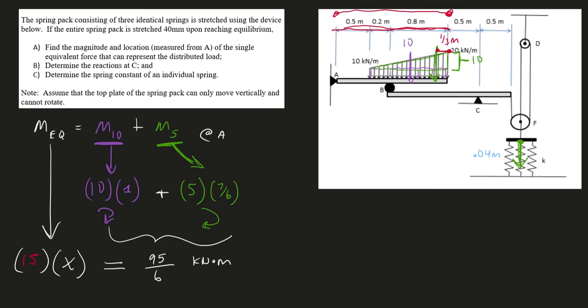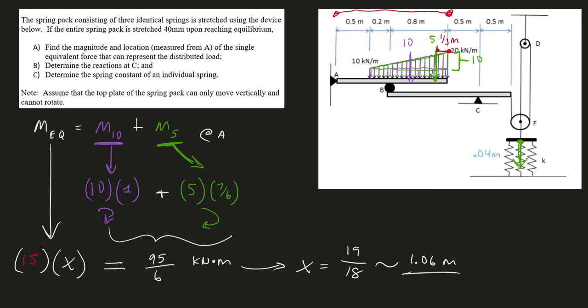Remember, 15 is my total downwards force from the 10, the purple one, and the 5, the green one. So we can do this math, solve for x, and we'll get 19/18, which is approximately 1.06 meters.